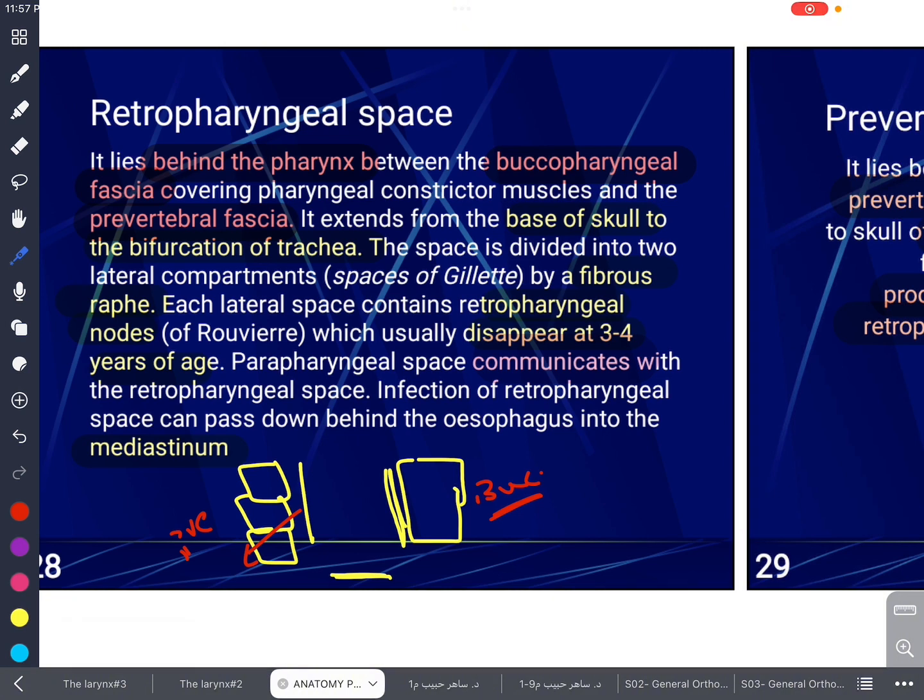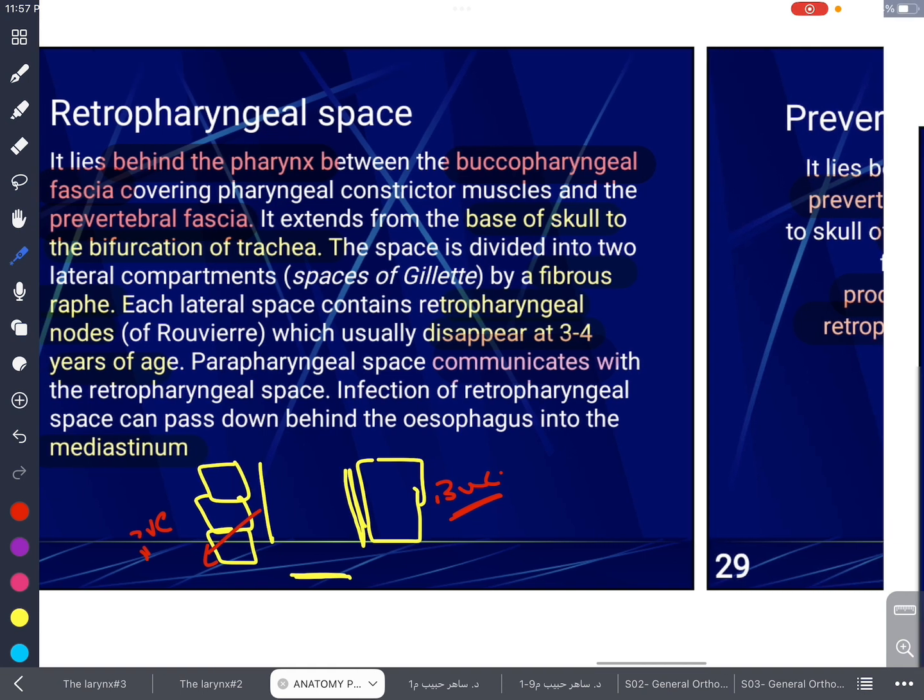This space extends from the base of the skull to the bifurcation of the trachea. There is a fibrous raphe that divides the retropharyngeal space into two lateral compartments, and each compartment contains retropharyngeal nodes that usually disappear at the third or fourth year of life.